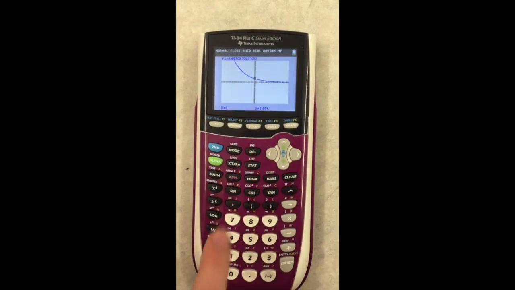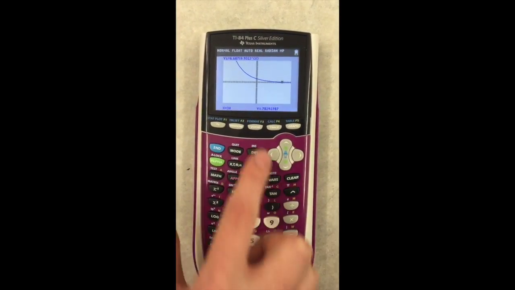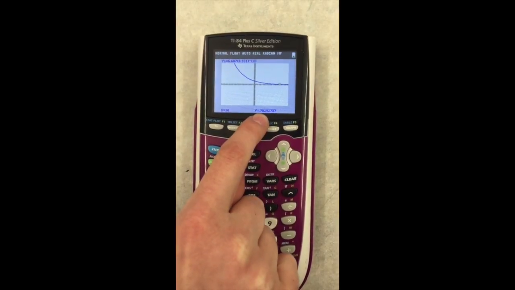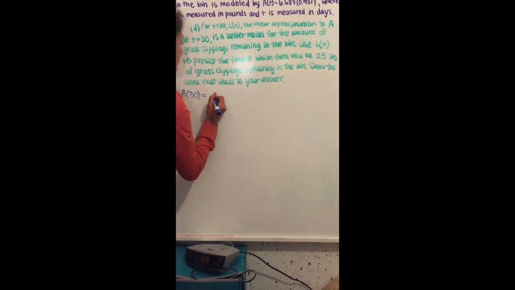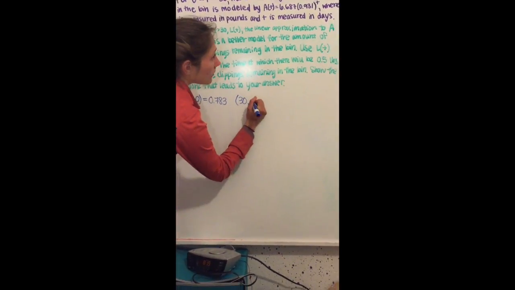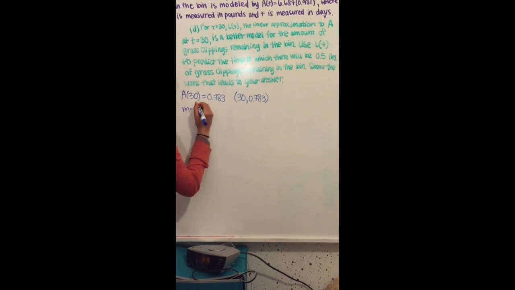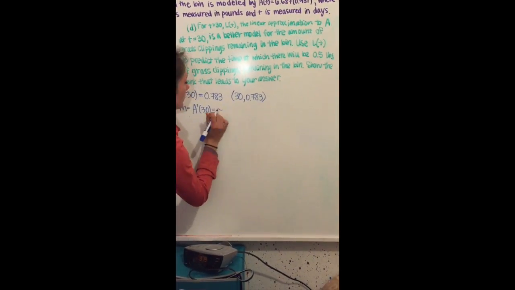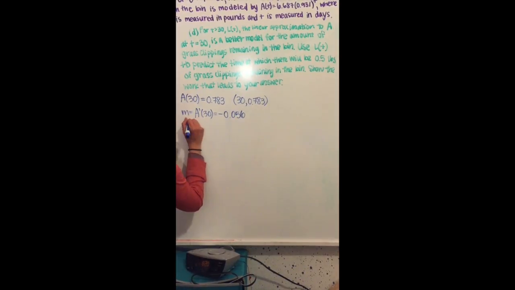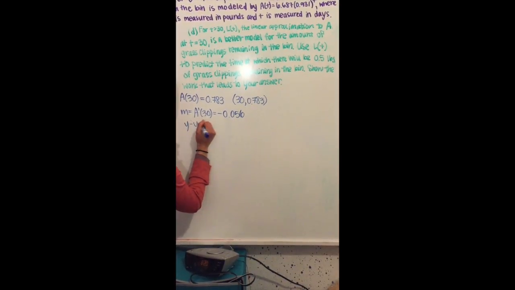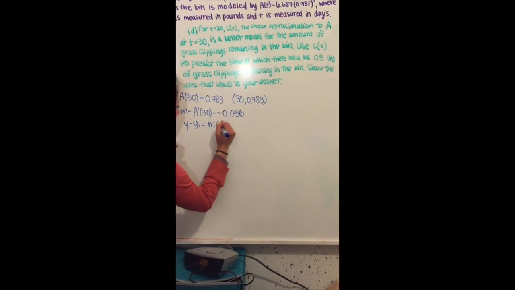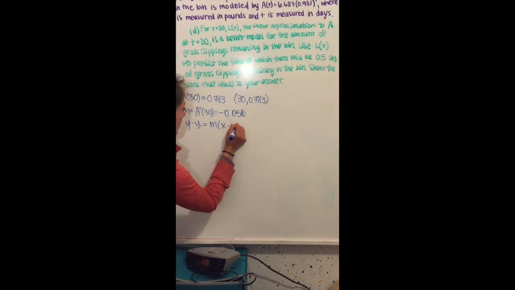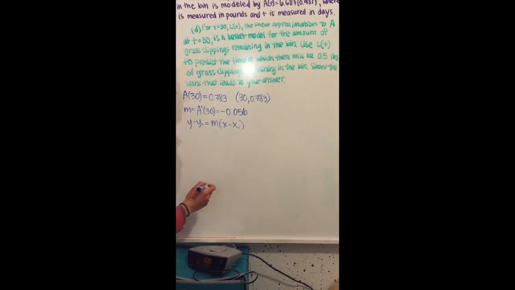So we're going to plug the equation into our calculator and find, using calc, where A of 30 is, so we have a point of reference for our equation y minus y1 equals m times x minus x1, which is point slope form.